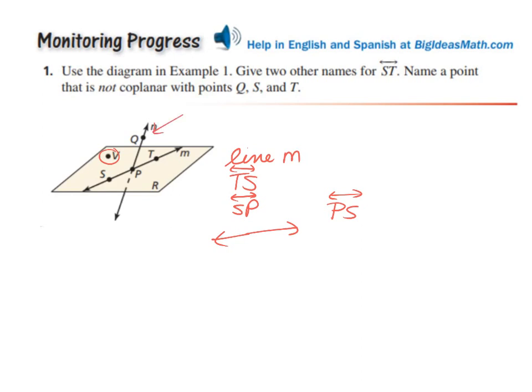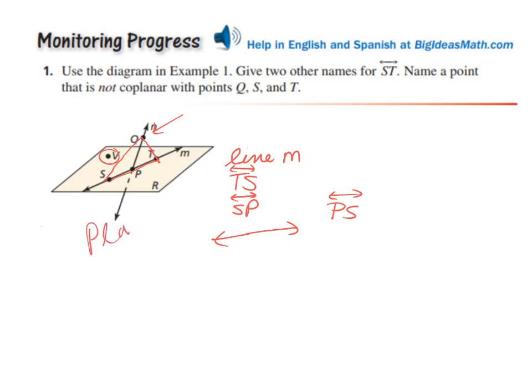Well, because, what did I say? Planes don't have to be those rhombus-looking or rectangular-looking flat surfaces. You could extend it above in this triangle shape. So that triangle is also a separate plane, STQ.